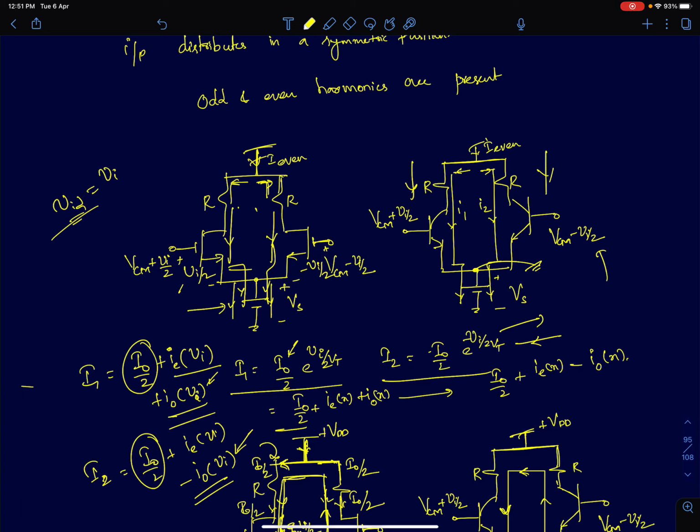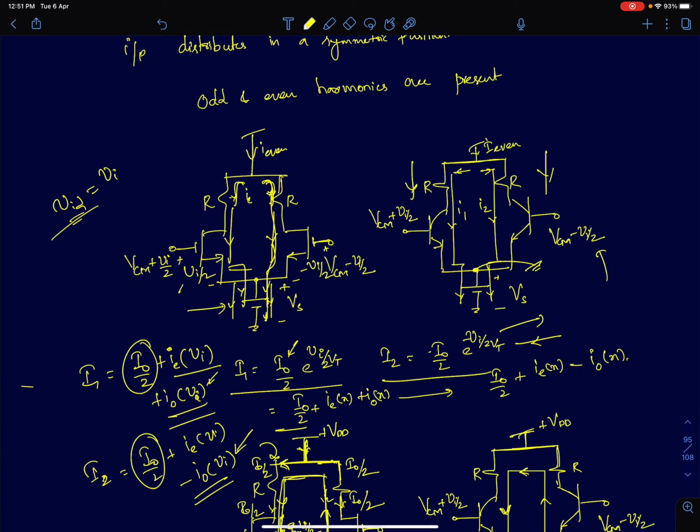Since both have the same polarity, like the DC current I0 by 2, the even harmonics will be entirely drawn from the supply. The supply is going to provide all the even harmonic currents, divided into two halves, and they flow again into the ground.